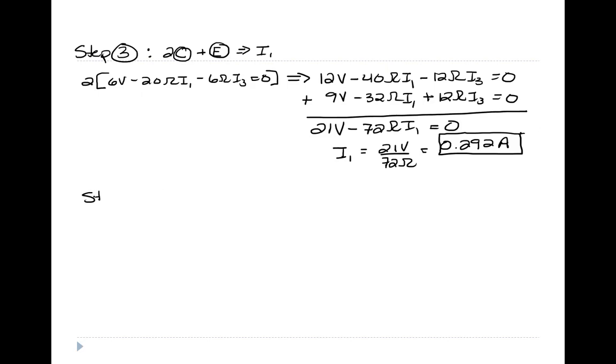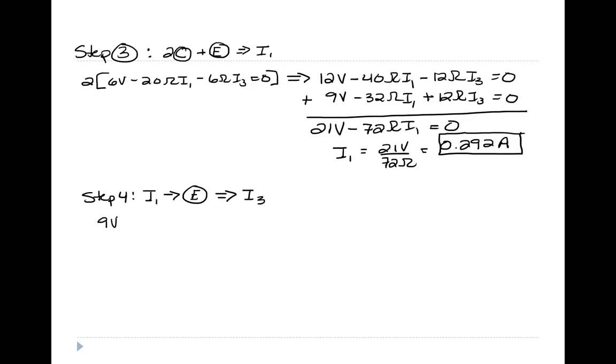Step 4. For step 4, I now want to find I3. So to find I3, I'm going to take I1 and plug it into either C or E, but in this case I chose E, and that will allow me, I may have said I2, I meant I3. That will allow me to find I3.